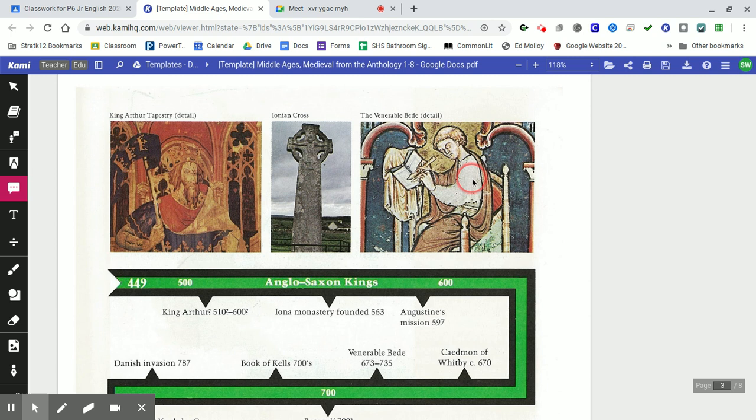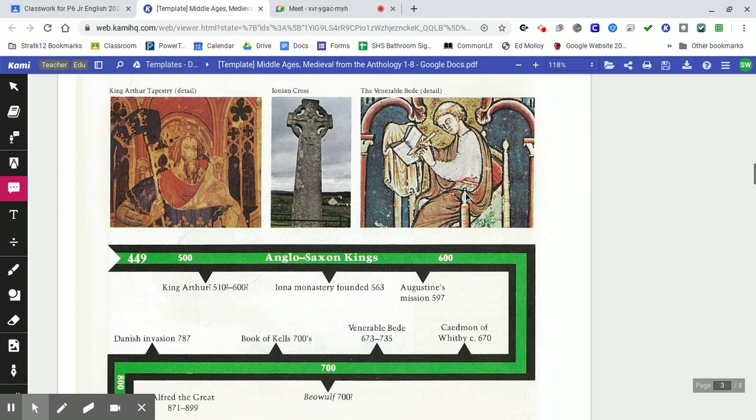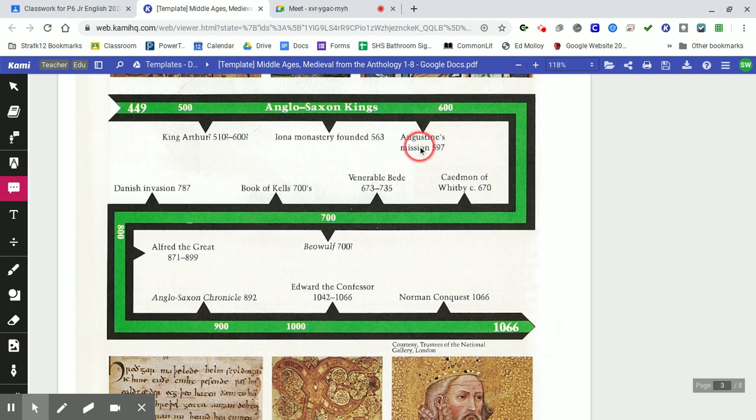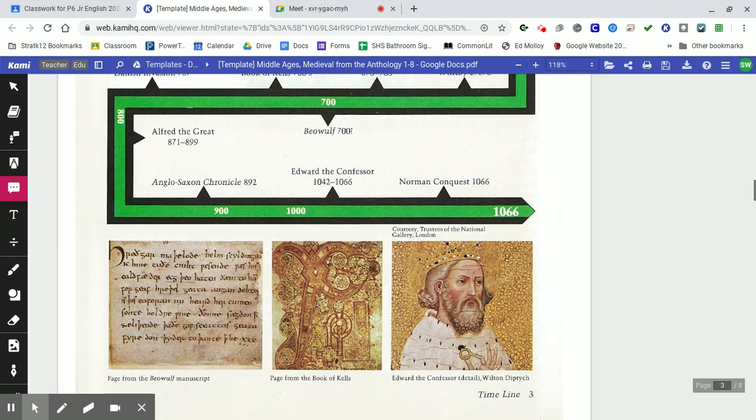And this old historian writer, the Venerable Bede, we have the Christians coming over with Augustine, and we have the Danish invading, and then we have some writing going on, the Anglo-Saxon Chronicle in 892.